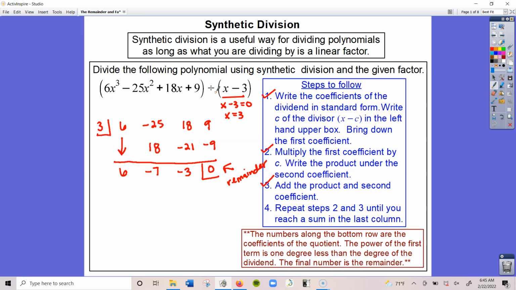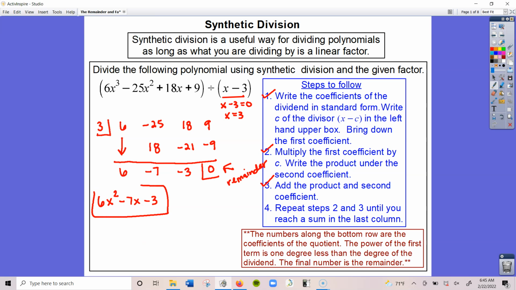Since our original polynomial was x to the third, a third degree polynomial, and I divided by a linear factor, I am going to start with 6, that's my coefficient, x squared. So it's 1 degree less. And now we go down in order. So then this would be x and this would be the constant. So minus 7x minus 3.